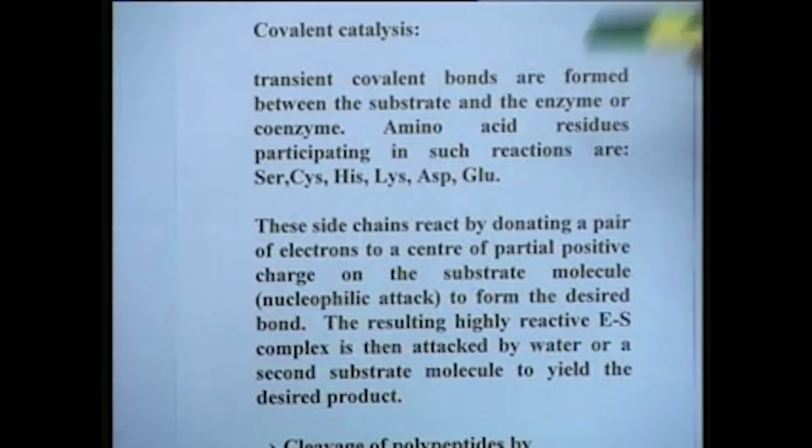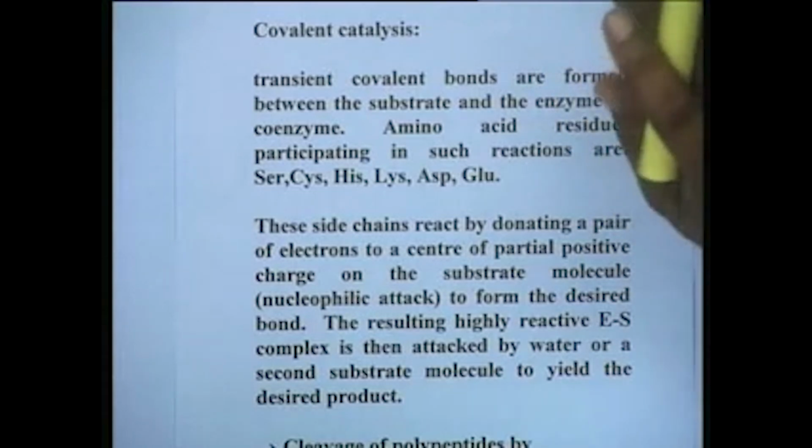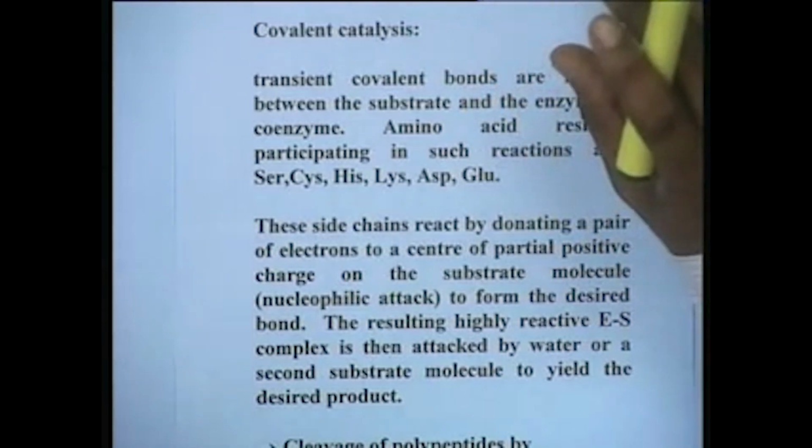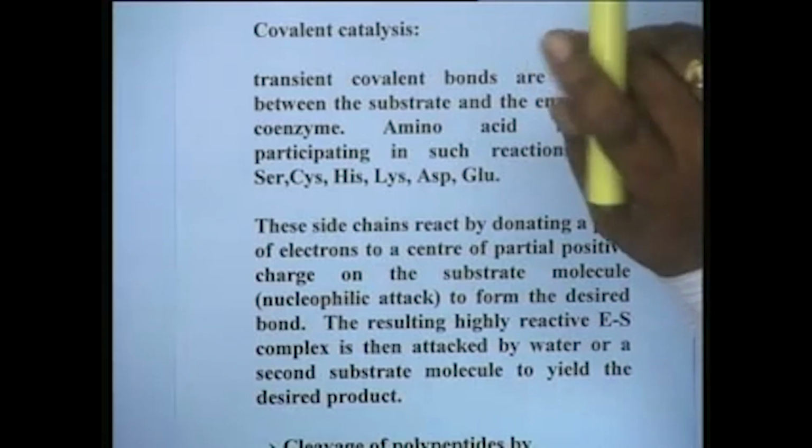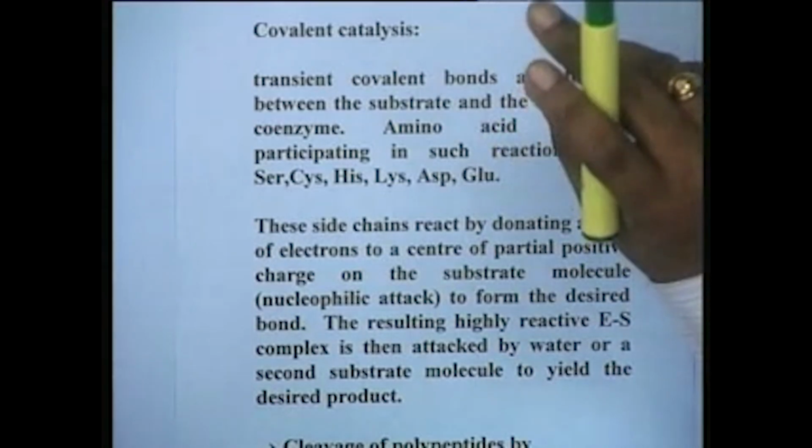In the case of covalent catalysis, transient covalent bonds are formed between the substrate and the enzyme or the coenzyme. Amino acid residues participating in such reactions are serine, cysteine, histidine, lysine, aspartic acid and glutamic acid. They participate by forming transient covalent bonds. That means the enzyme substrate complex which results from these covalent bonds is essentially highly reactive.